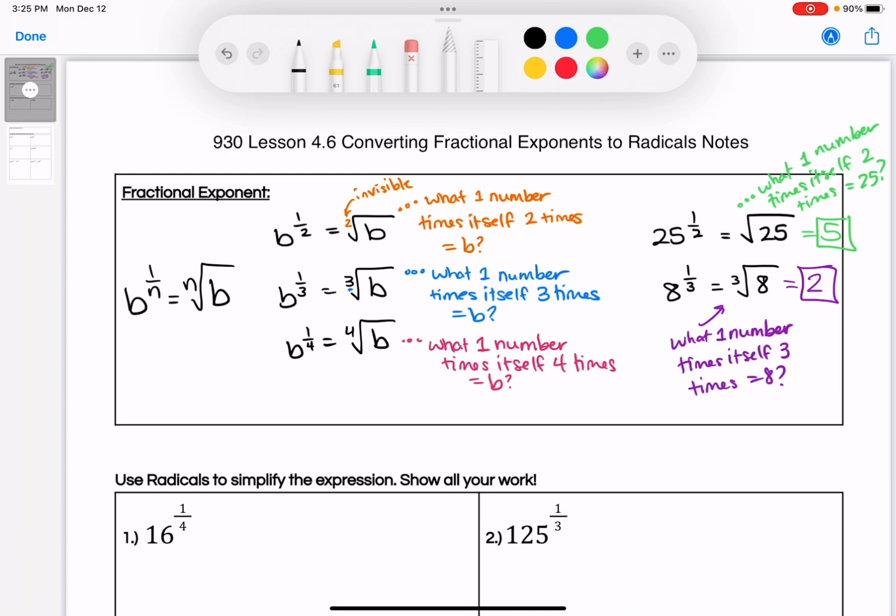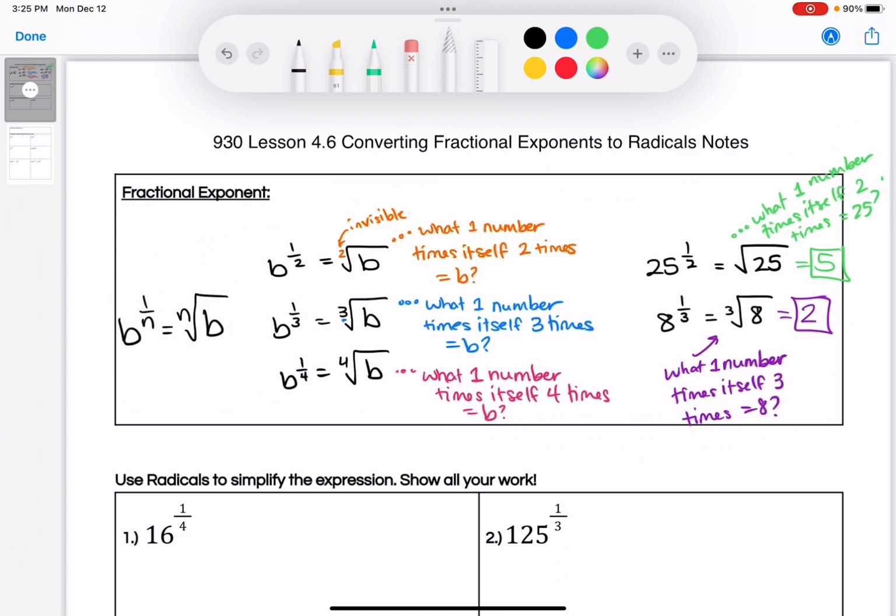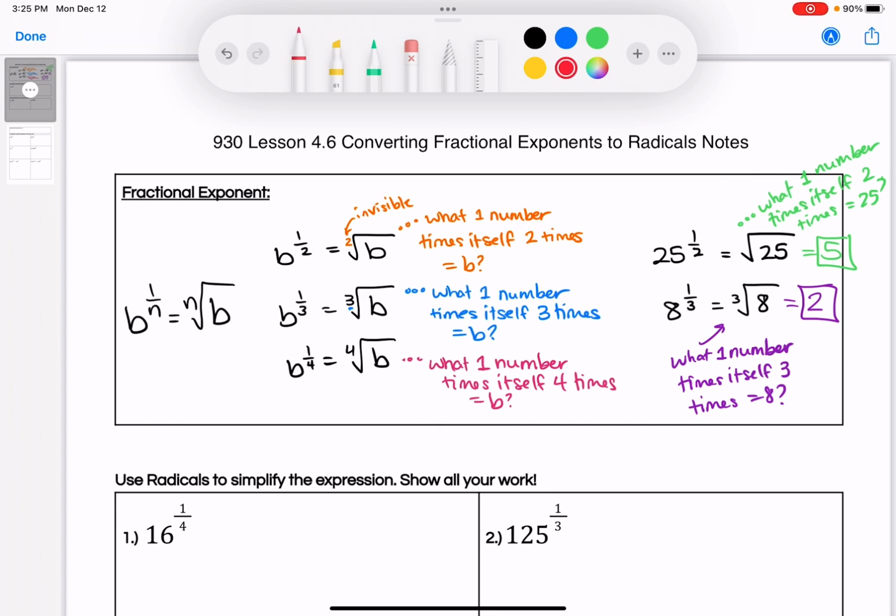I just realized I didn't leave myself enough space up top here to write down what a fractional exponent means, so I'm just going to scooch it a tiny bit. There we go. So a fractional exponent, the denominator is the degree of the root, meaning what's that number in front of the root?